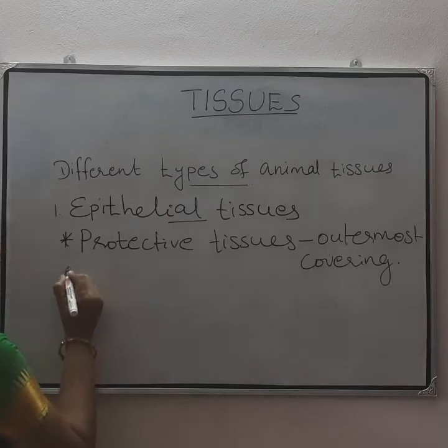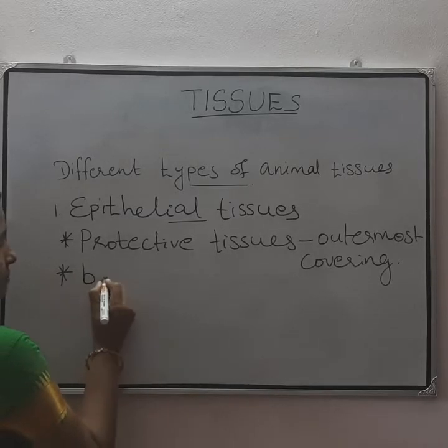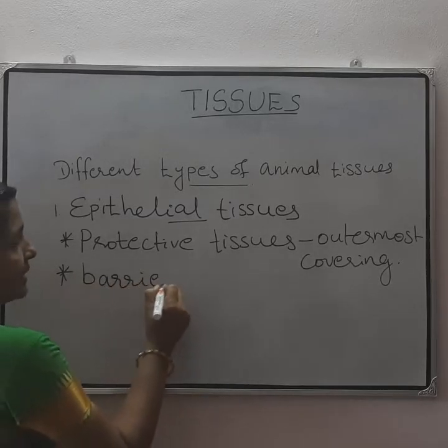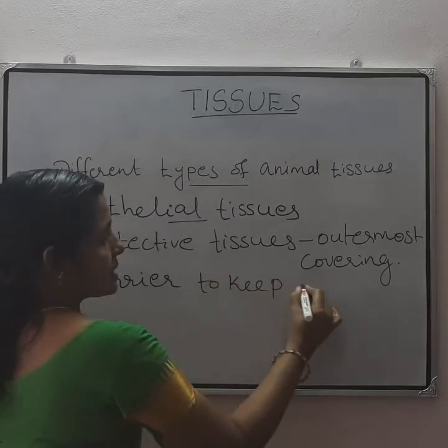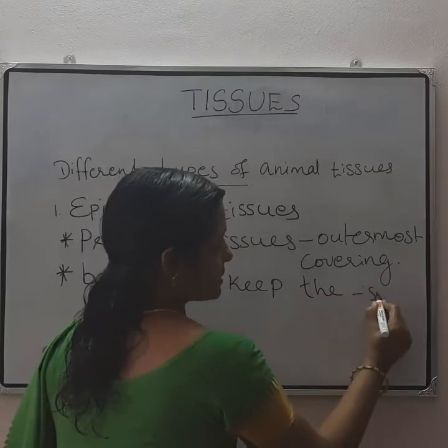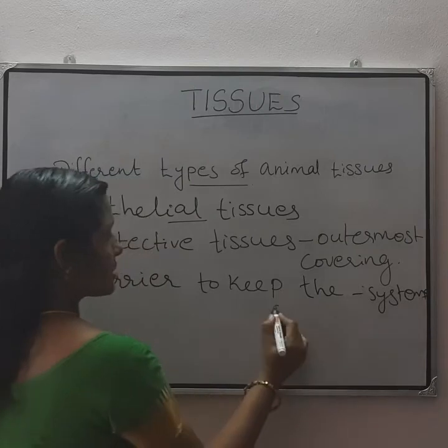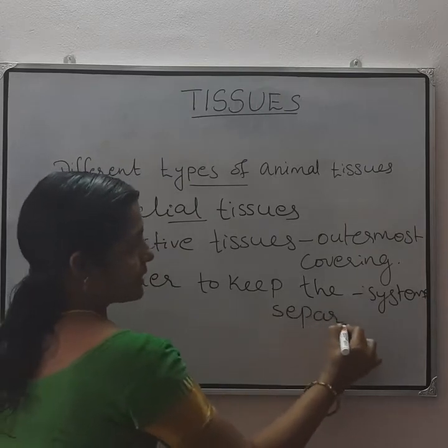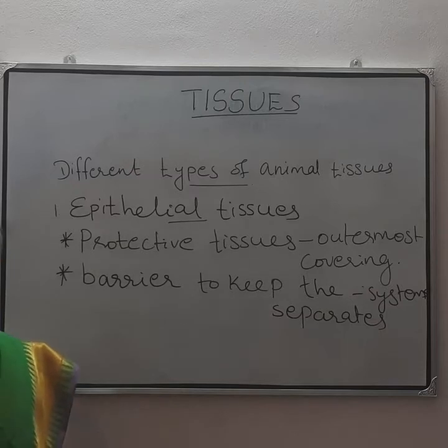These epithelial tissues form a barrier to keep the different systems separate. Which are the different systems present in our body? That is the respiratory system, excretory system or digestive system.